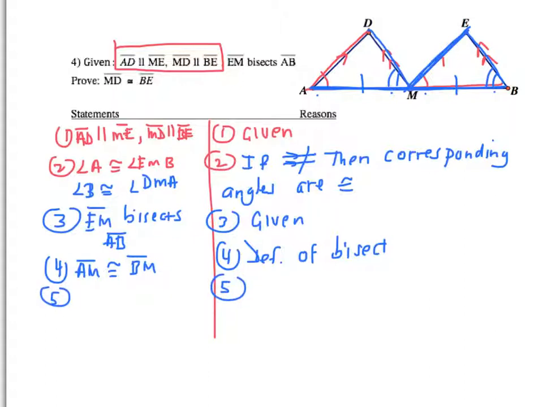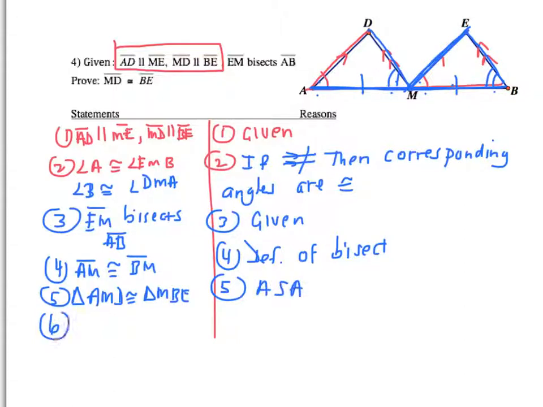Okay, 5. Finally, we get to say our two triangles are congruent. Check it out. We've got angle, side, angle, congruent to angle, side, angle. So let's name those two triangles. Just follow the markings to get the order right. So let's say triangle AMD congruent to triangle MBE by angle, side, angle.